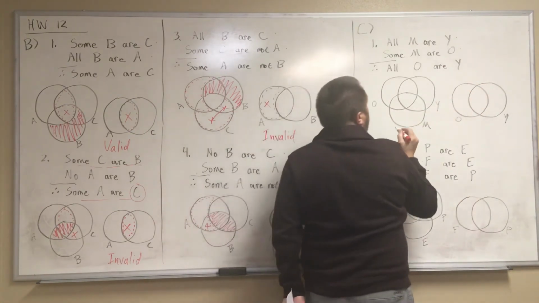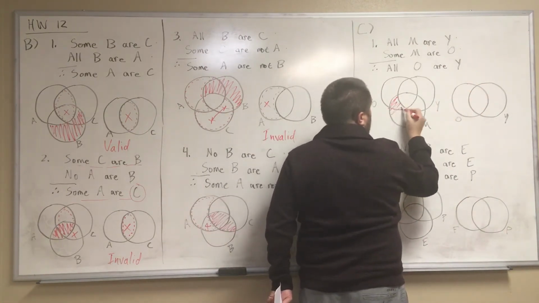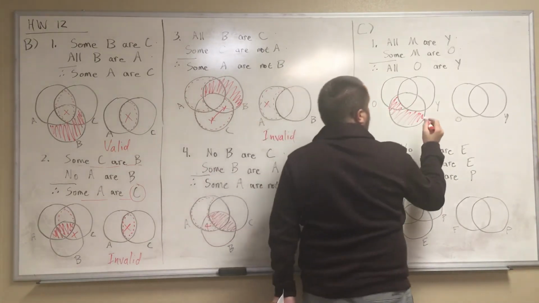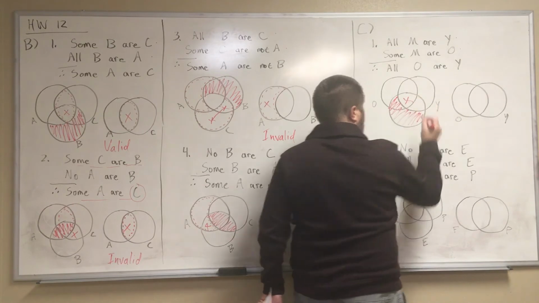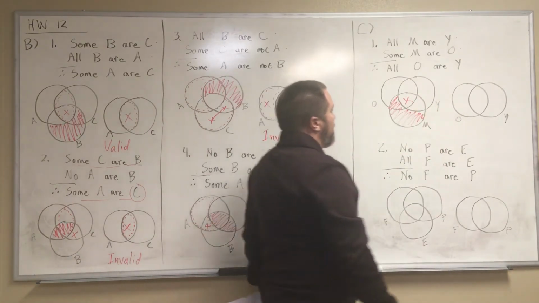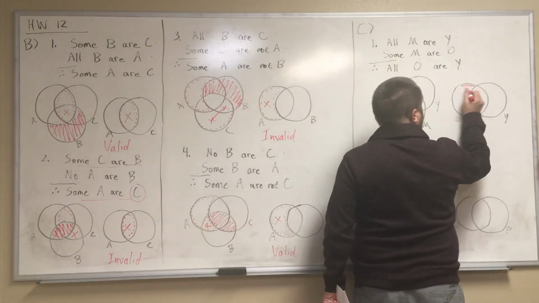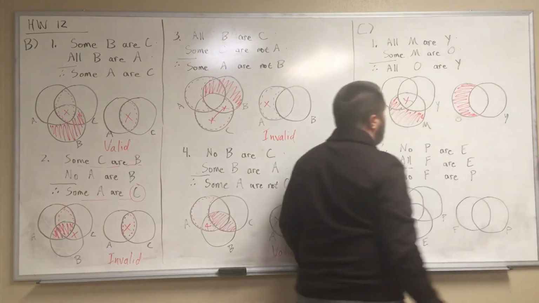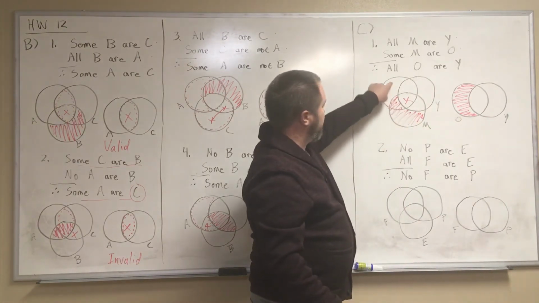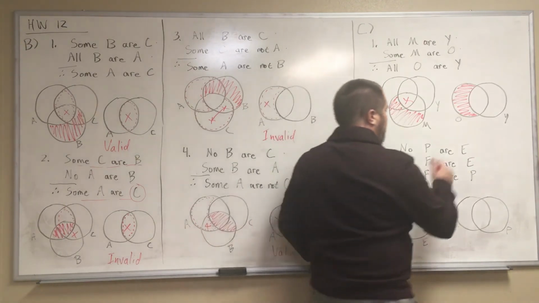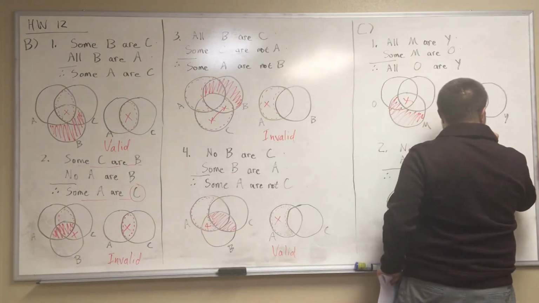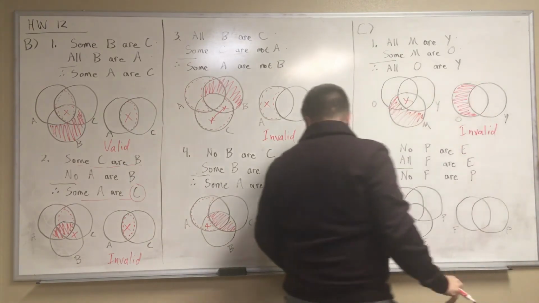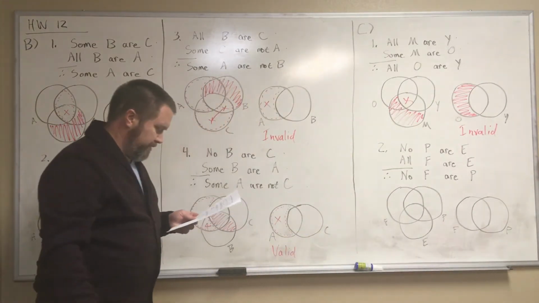All M are Y. So we shade out the bottom down here. Some M are O. X right in the middle. All O are Y. Eliminate all of the O circle that's not part of the Y. And we have a little shading, but we don't have all of it that we're looking for. So that one is invalid. And then last one, number 2.